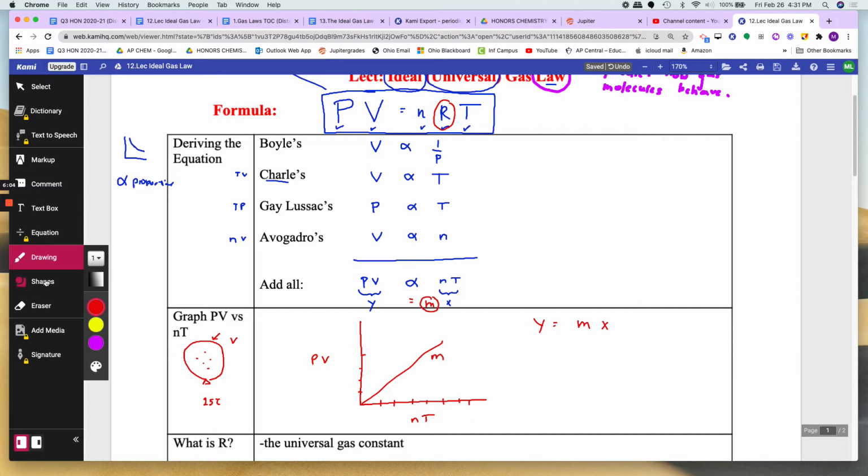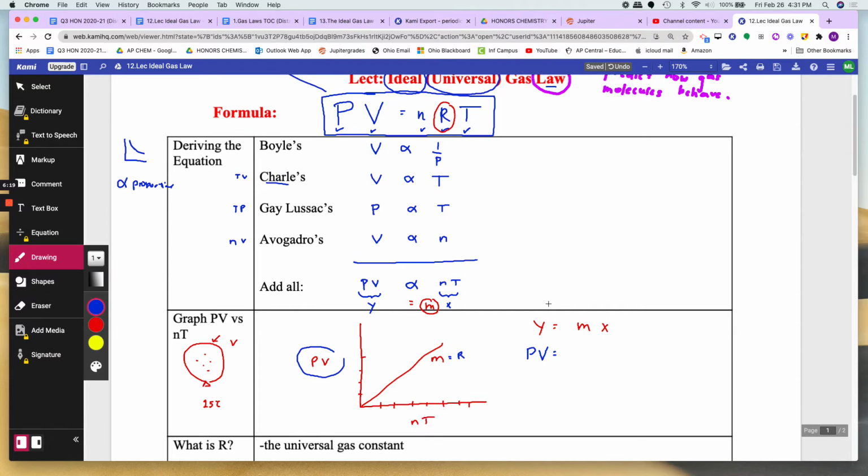On the y-axis is PV. The slope is R. It's called the universal gas constant because the slope is not changing. And x is equal to nT. And you just rearrange it and it looks like this.